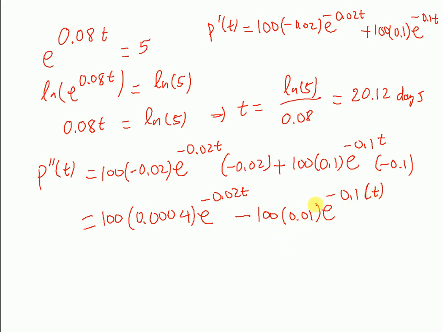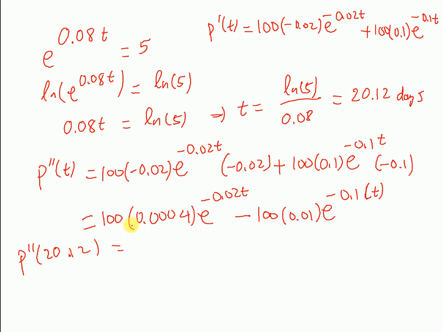Now, the reason I'm asking you to find P double prime of t is because we can use this critical point t equal 20.12 and plug it in. Let's try that. So P double prime of 20.12, this is the only critical point we got for the problem.